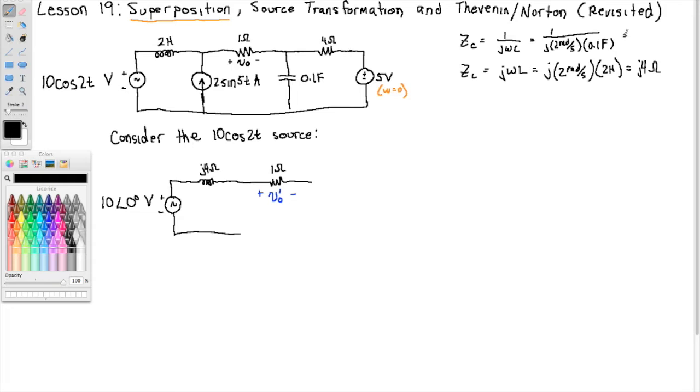Bring the j up, this is minus j5 ohms. We've got the 4 ohm resistor. We're going to turn off the voltage source. Turning off a voltage source, 0 volts, makes that a short circuit like that.